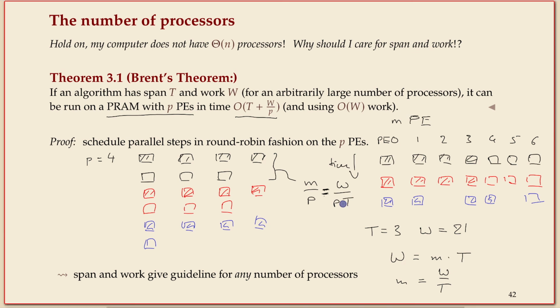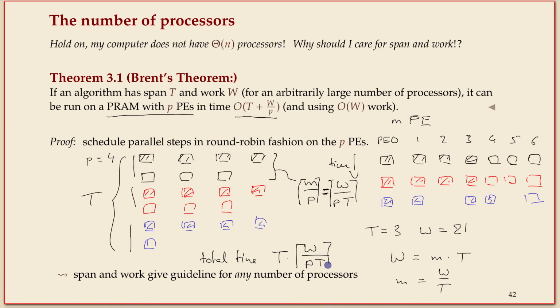Okay, so we have that number of steps for each little execution step. And we have T of these steps, right? So the total time for the simulation is T times this one. If we want to be precise, we have to round this up. So it's T times W divided by P times T, rounded up.